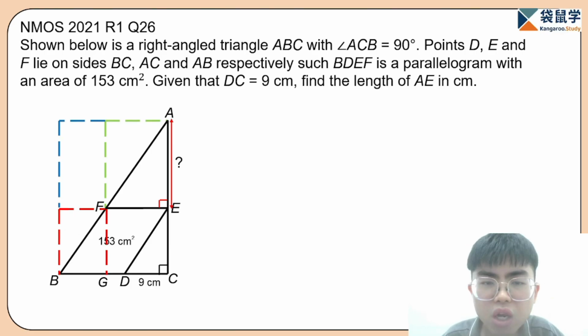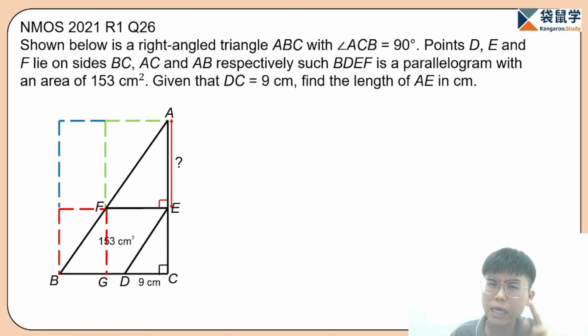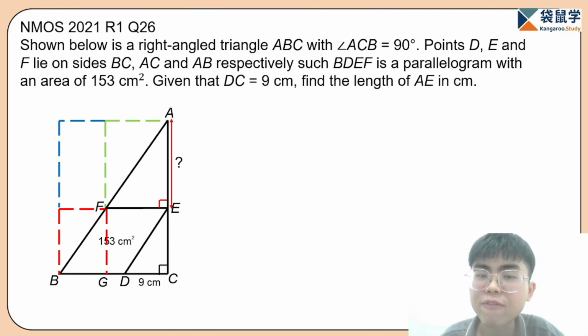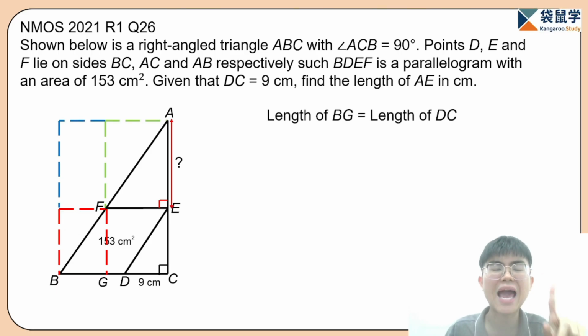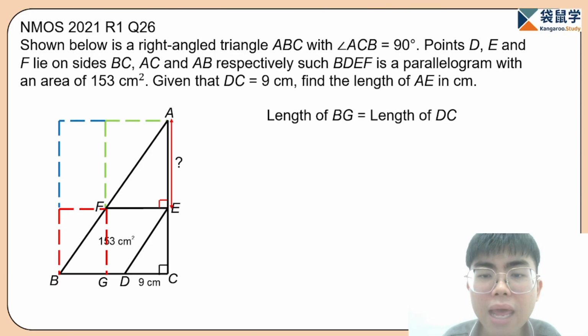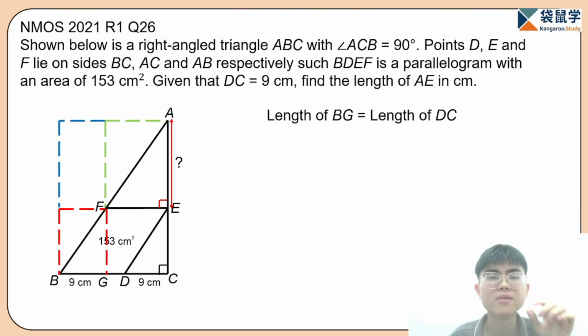Alright, now let's take a look at the parallelogram. Guys, do you know the characteristic of the parallelogram? The two opposite sides must be parallel and have the same length. Therefore, after we draw the line FG inside the parallelogram, we can find that the length of BG is equal to the length of BC. We'll label the length of BG as 9 cm.